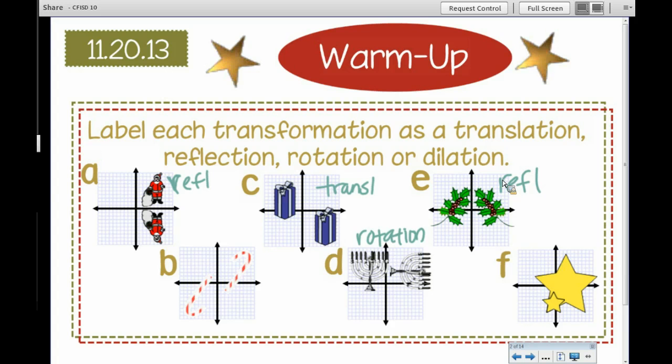F is a dilation, yeah? And what's B? Oh, they're all transformations. Transformation is just the title. They're all transformations. Pick one of the four. Yeah, it's a rotation, 180-degree rotation. All right, very good.